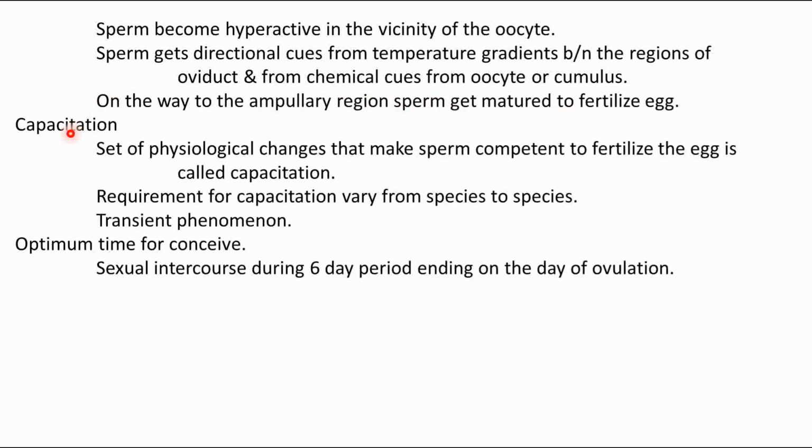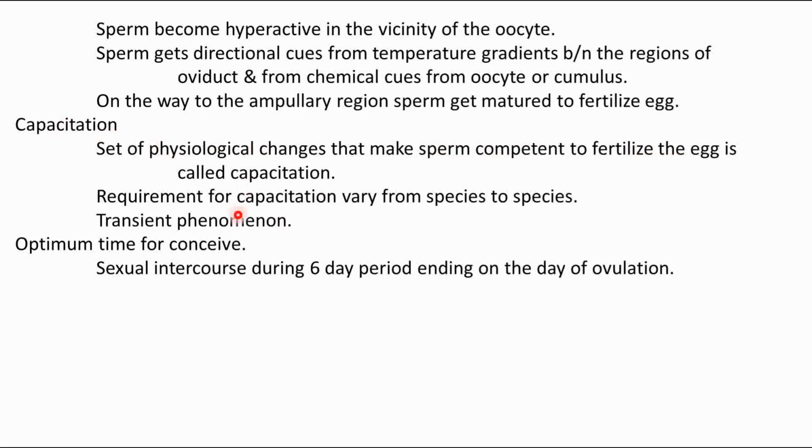Next is capacitation. What is capacitation? Capacitation is a set of physiological changes that happen to the sperm to make it competent to fertilize the egg. What all changes are required for a sperm to be able to fertilize the egg? All those changes are called capacitation.